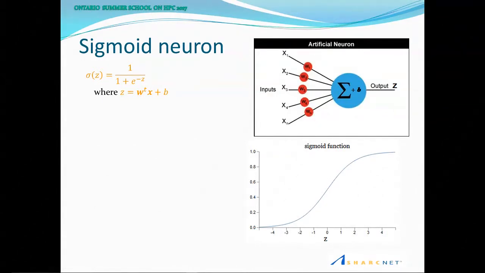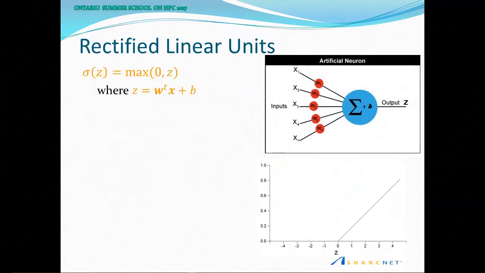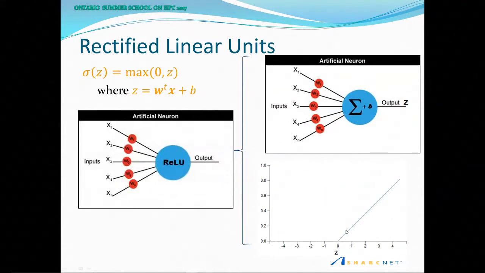We can also use another function called ReLU. ReLU is rectified linear units. It's quite similar to the previous one, but if the weighted sum plus bias is less than 0, we don't fire at all. But if it's above 0, we fire, and the magnitude depends on z, the weighted sum plus bias. Okay, so that's the activation function.